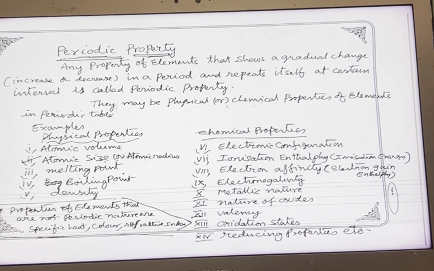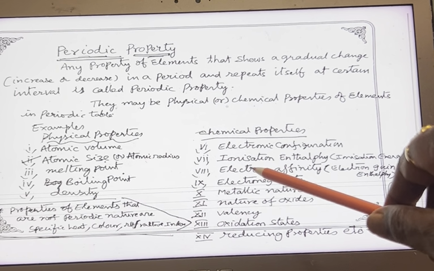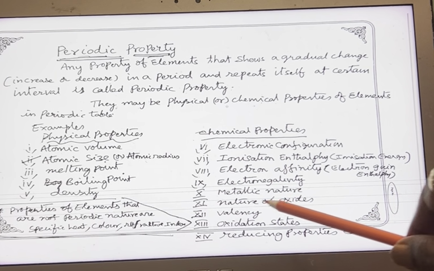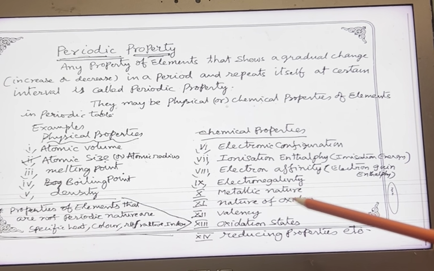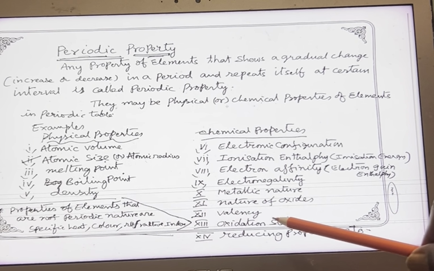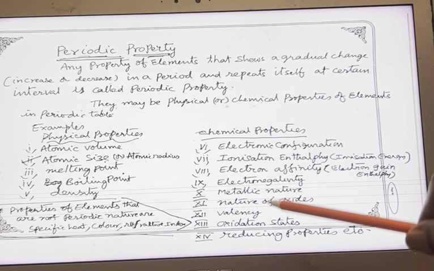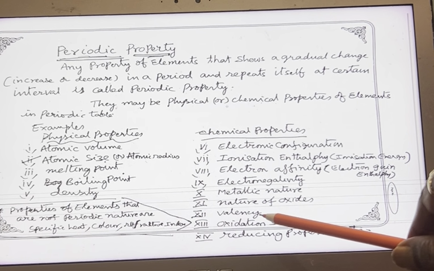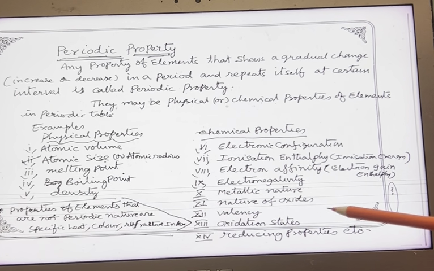Chemical properties: electronic configuration, ionization enthalpy, that is ionization energy, electron affinity or electron gain enthalpy, electronegativity, metallic or non-metallic nature, nature of oxides, basic or acidic nature, valency, how the valency varies in a period and how it is similar in a group, oxidation states, and reducing or oxidizing properties.